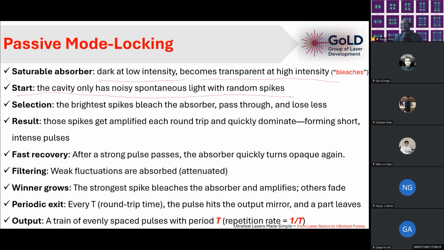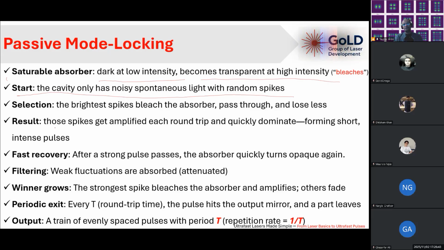The second point is what we have in the beginning. In the beginning, when we start the laser, we have some light which is not exactly coherent, somehow partially coherent, noisy, spontaneous, with some random spikes, but usually only for a fraction of a second.